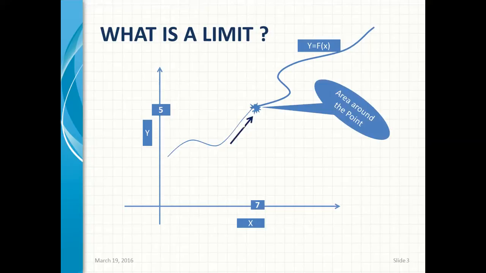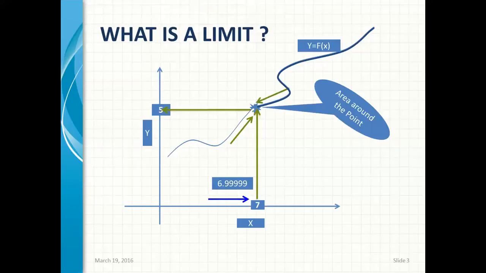So I approach this point from below, which means I take a value which is slightly less than 7, or 6.9999, and I go up the curve, y is equal to f(x). I get a corresponding value of y which is approximately close to 5. Now I approach this point from the top, or a value of x which is slightly more than 7, let's say 7.0001.